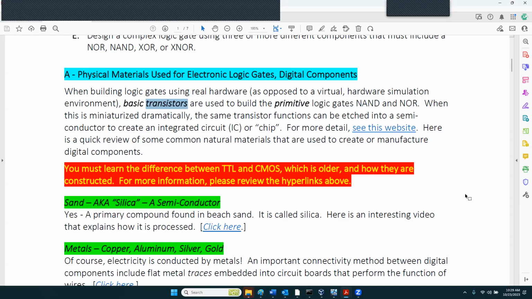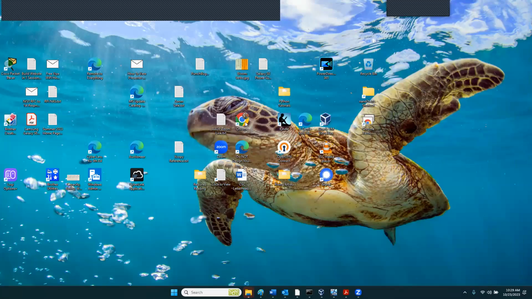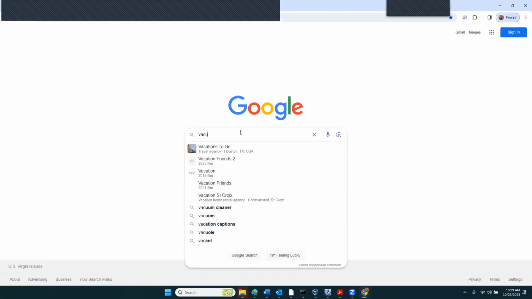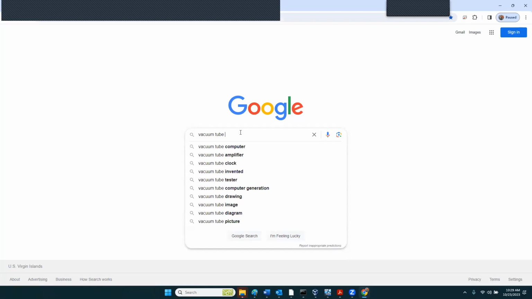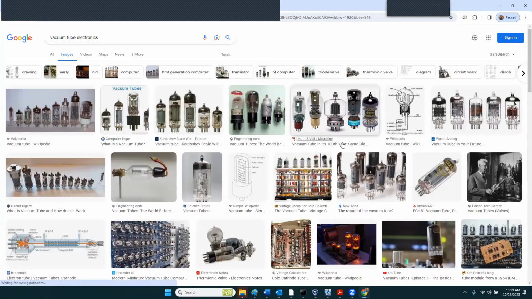And in fact, if we look at the earliest examples of hardware components, vacuum tubes. Has anyone ever seen something like this when you look in the back of a radio or a TV?